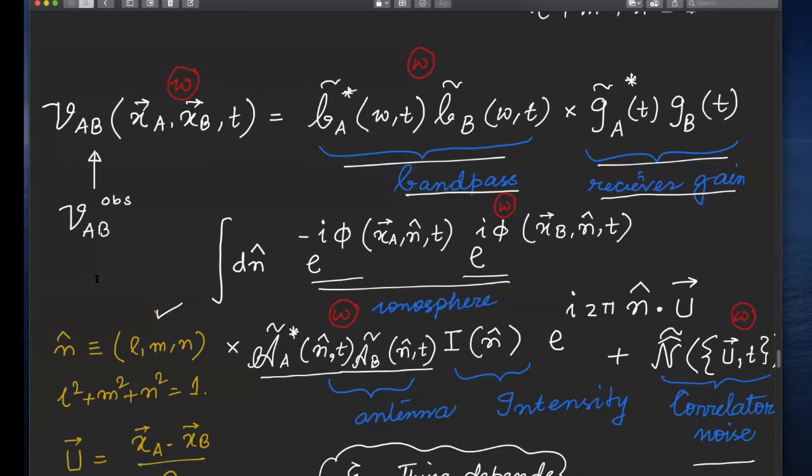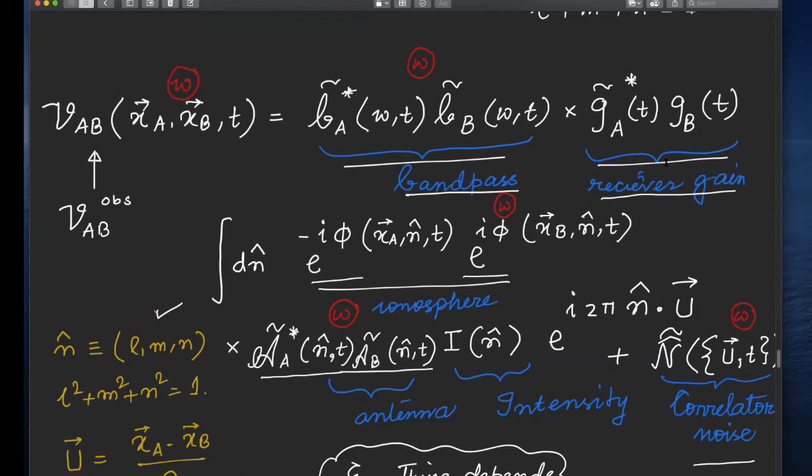It will not be there. Then there is the term phi 0, which does not depend on n cap. So that phi 0 term will again go outside the integral, and I can club that term with my receiver gain term, G tilde A. So this is a complex gain. I just get another complex gain, which depends on the antenna position. So there is no harm, because I have an antenna index here and it depends on time.